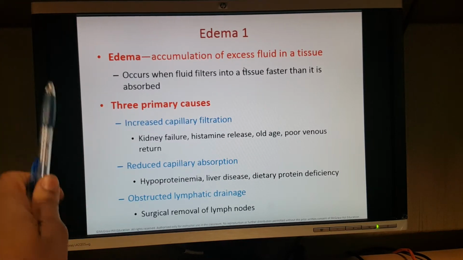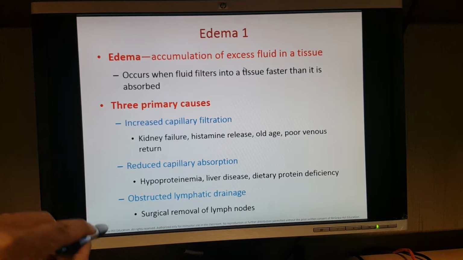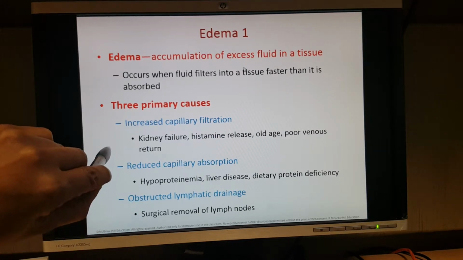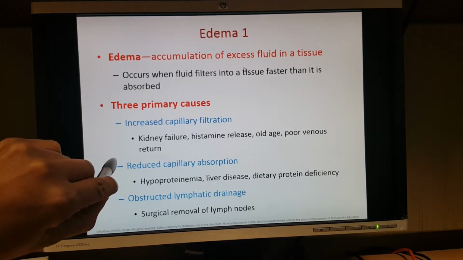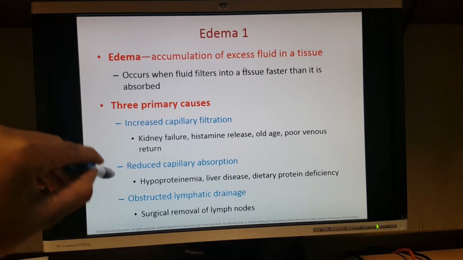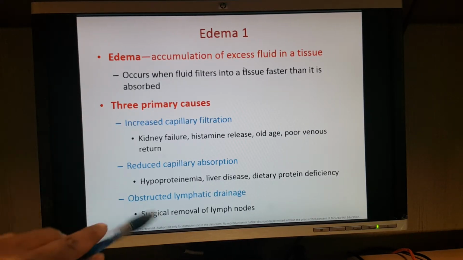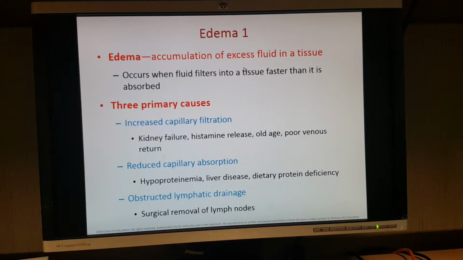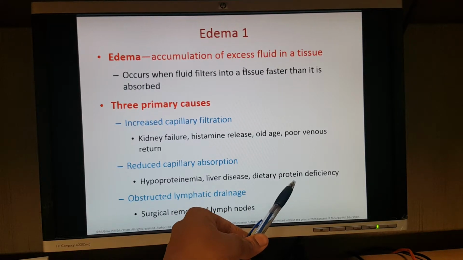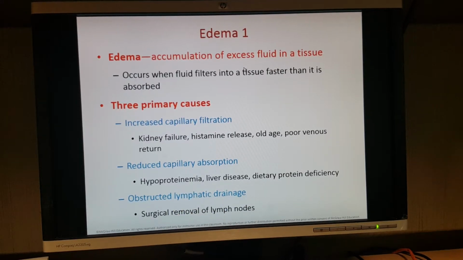Hypoproteinemia means it's not enough protein, therefore less osmotic pressure driving fluid into the veins, therefore it stays in that tissue region. Protein deficiency works the same way, having not enough protein in your blood to drive enough colloid osmotic pressure to drive fluid into your capillaries.